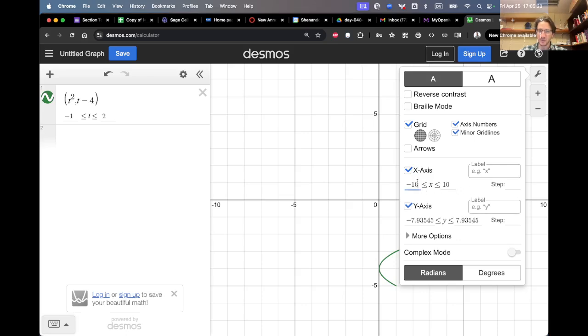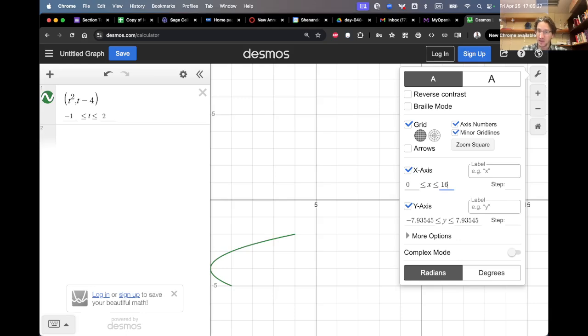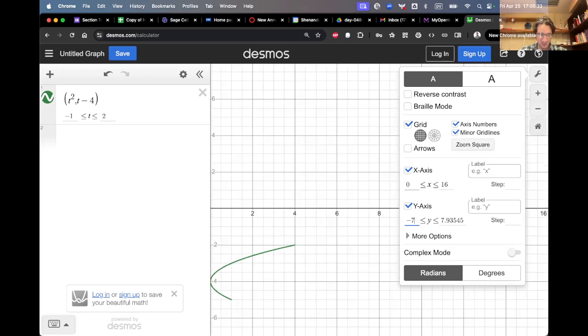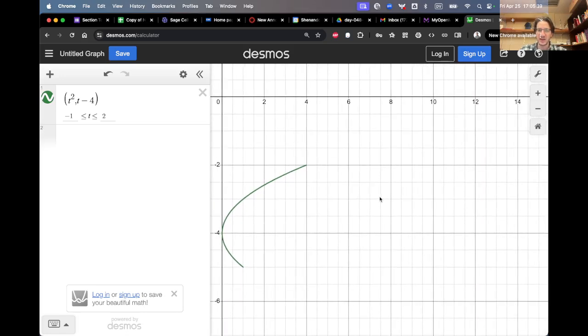Our scaling went from 0 to 16, and from about -7 to about 1 there. You can see now that I've scaled things more similarly to what we sketched, we get a much better looking curve, something that looks closer to what we sketched by hand.